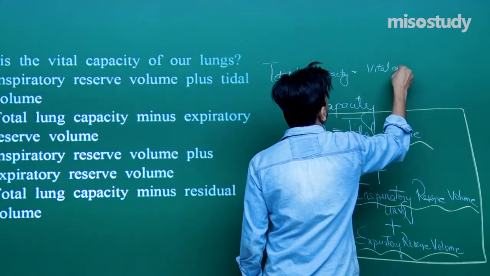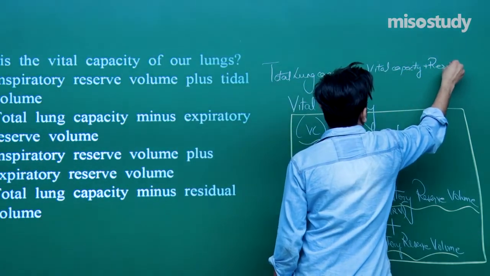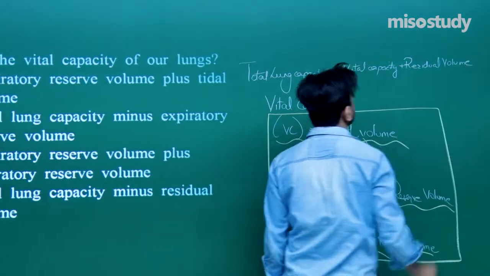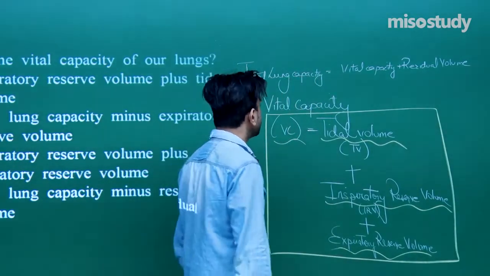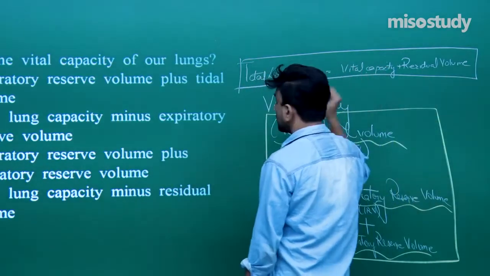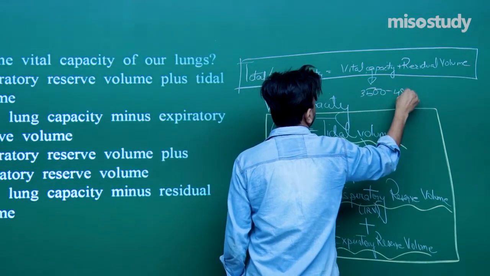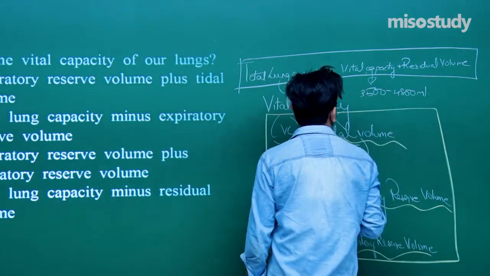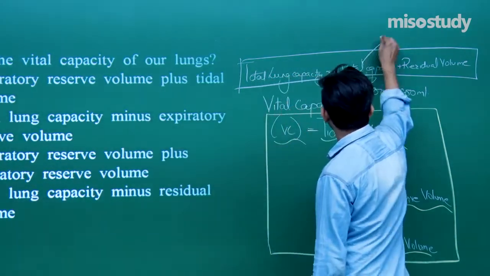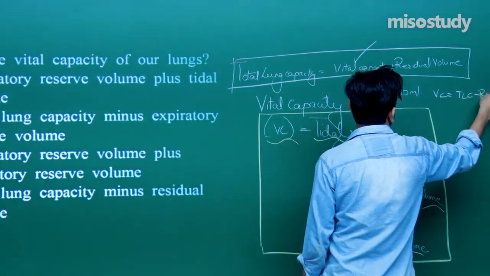The vital capacity range is around 3500 to 4800 ml. Hence the vital capacity we can write as the total lung capacity, TLC, minus RV.